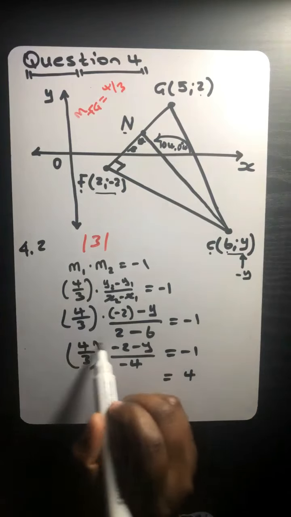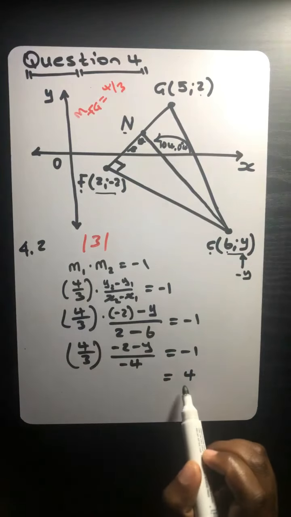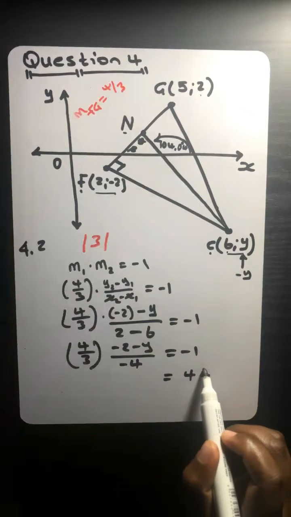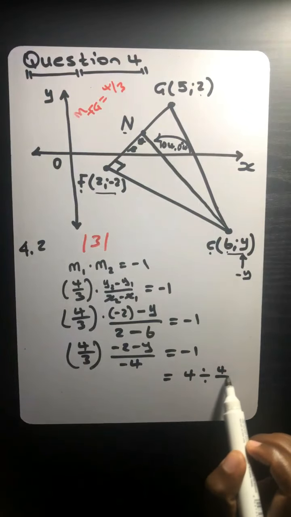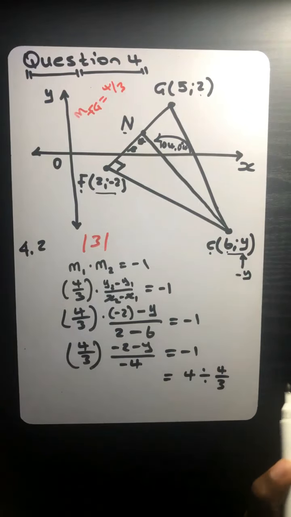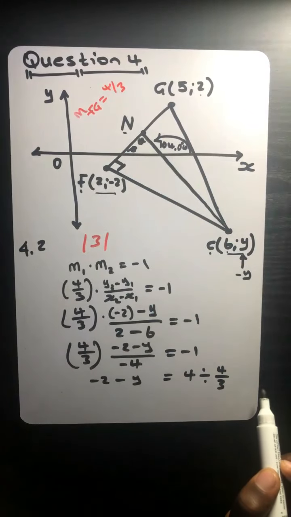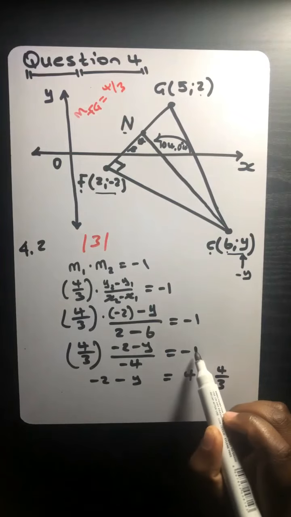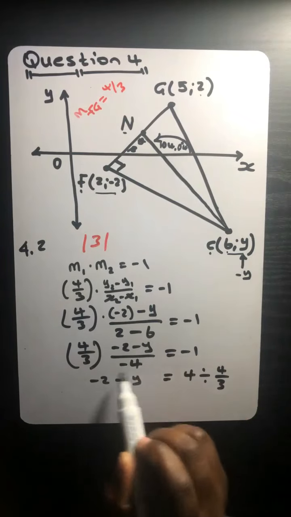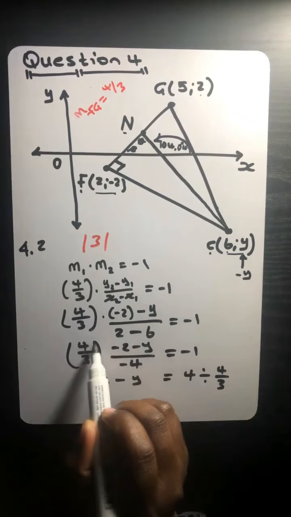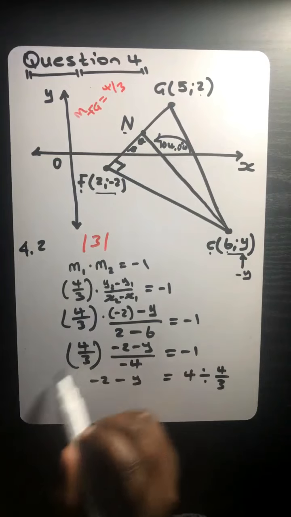Then you divide by the whole of this so that it cancels, which means on this side you are going to divide by 4 over 3. That means on the left you remain with that. I had to multiply by that so that I remove that denominator, and I had to divide by exactly 4 over 3 so that it cancels.